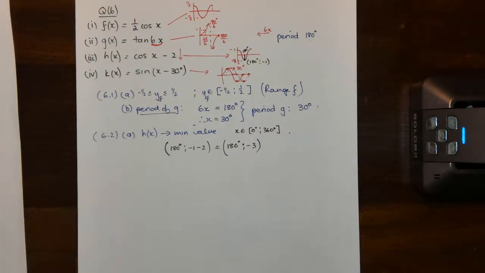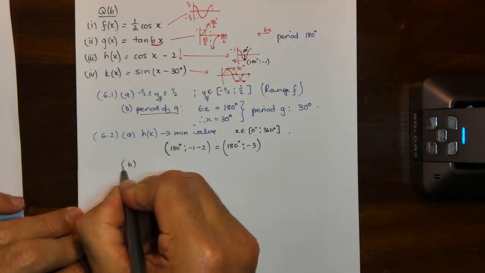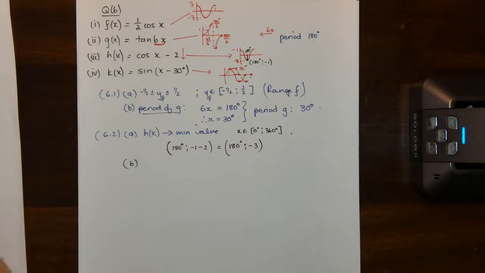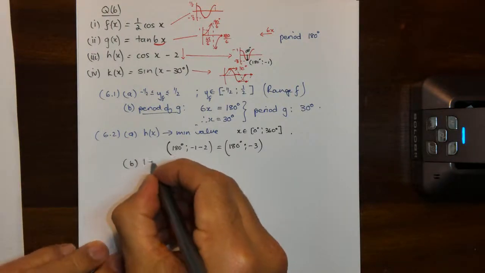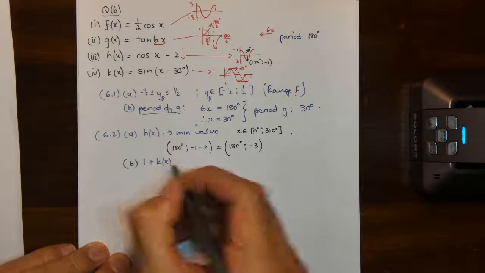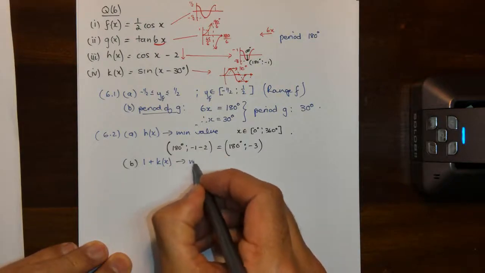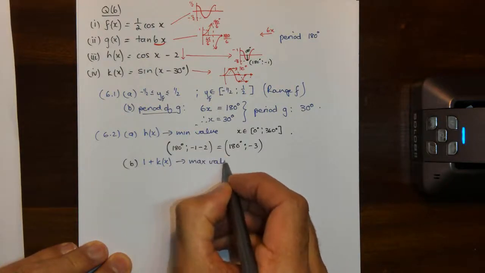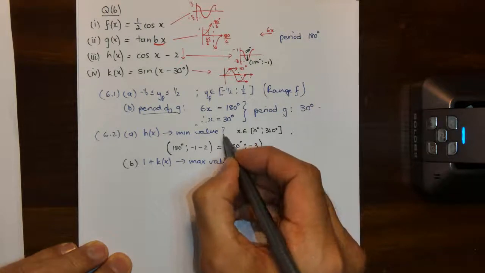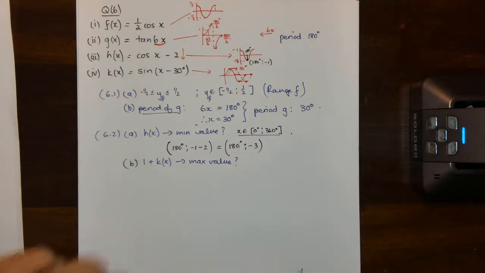Then the second part, which is part B, the second question asks us 1 plus k of x. Where will this have a maximum value? It's also over the same domain.